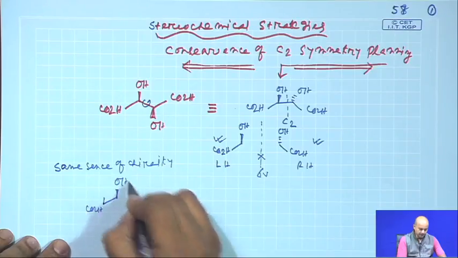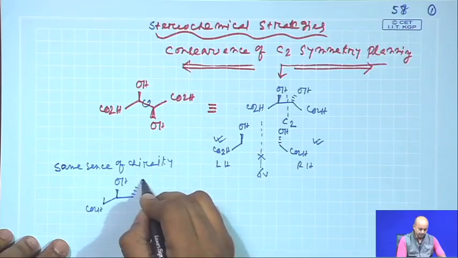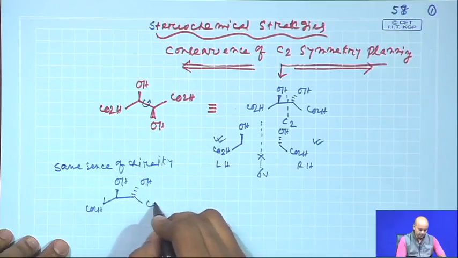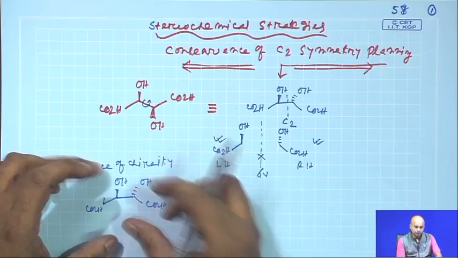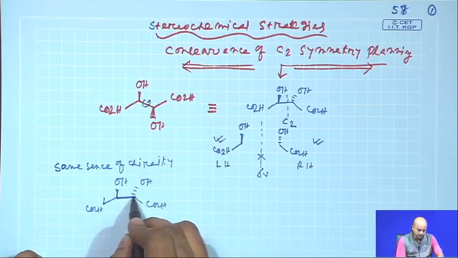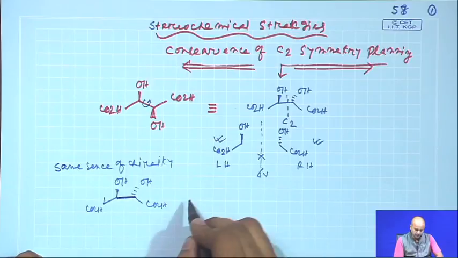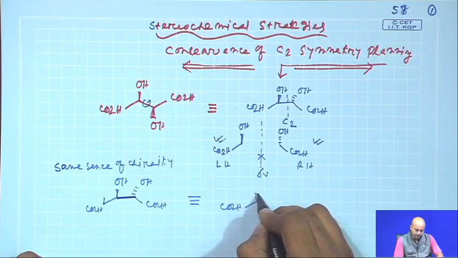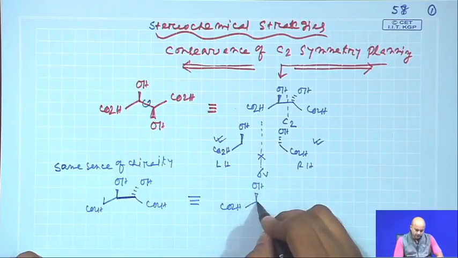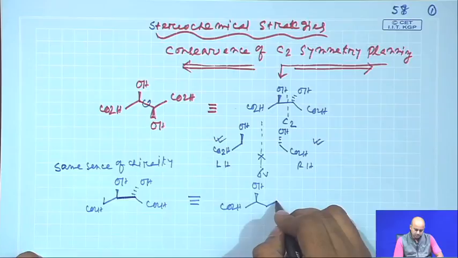I am saying that tartaric acid is this, and the left half and right half have exactly the same sense of chirality, and the bond is made in this way. Similarly, you can devise a molecule like this, where you put some extra methylene.